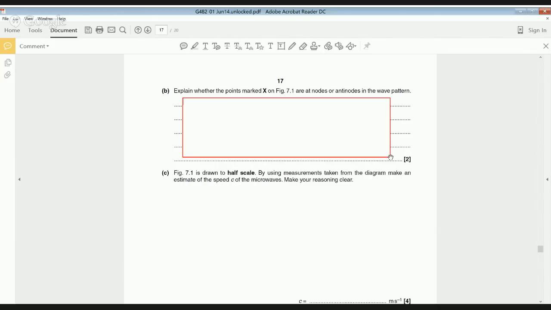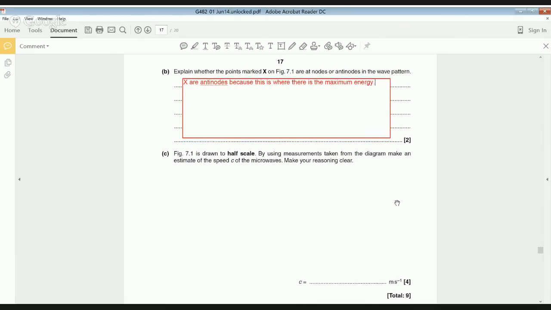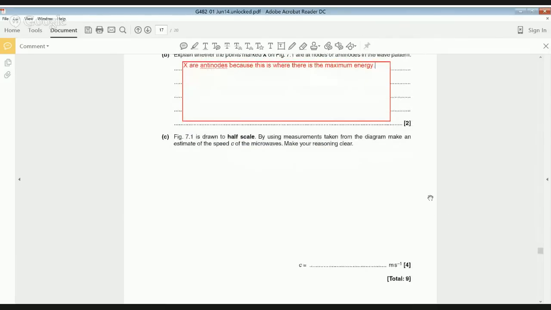So the antinode is where we have the maximum oscillation. That's going to be where there's the most energy. So the X are antinodes, because this is where there is the maximum energy.